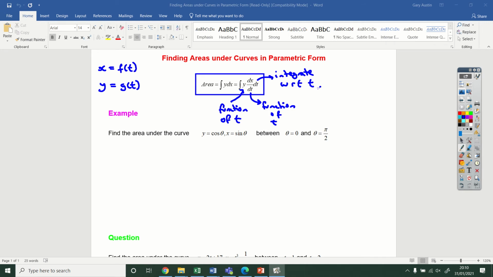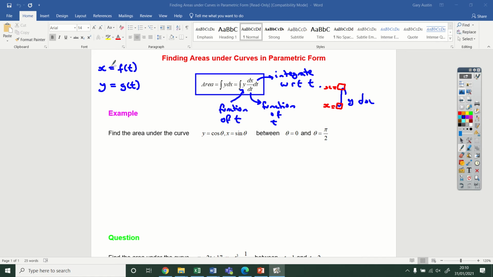Now, another thing, crucially, if we're integrating y dx initially, and we have bounds on our integral that are given in terms of x, let's say x equals some number here, and then x equals some number here, then in order to turn that into an integration in terms of the variable t, we're also going to need to change these x bounds into t bounds by using the function up here, x is f of t.